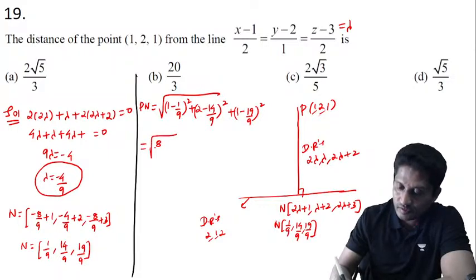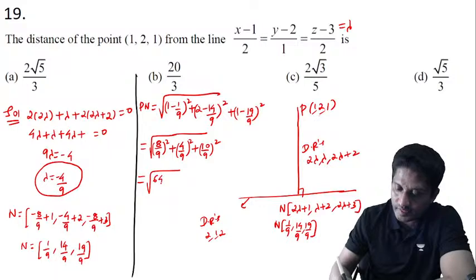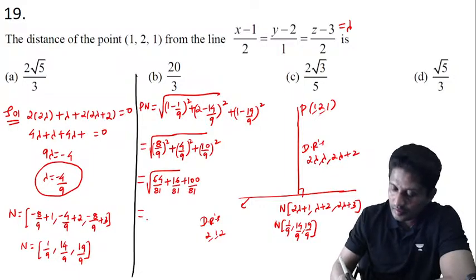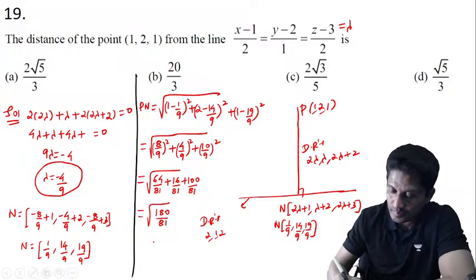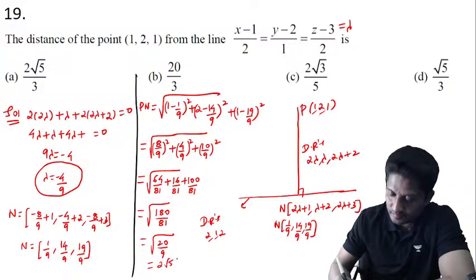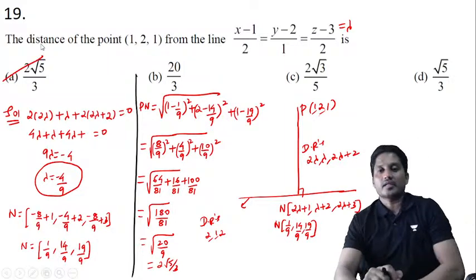This is 8 by 9 the whole square plus 4 by 9 the whole square, then you get 10 by 9 the whole square, equal to root of 64 by 81, 16 by 81, then you get 100 by 81. Root of 180 by 81. This is root of, if I divide by 9, 20 by 9, which is equal to 2 root 5 by 3. 2 root 5 whole divided by 3. Answer is option A.